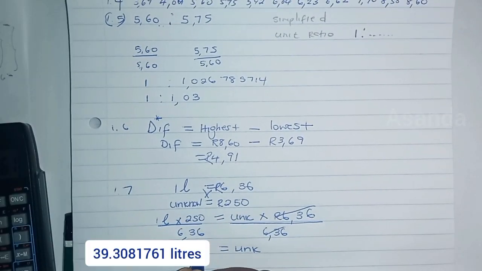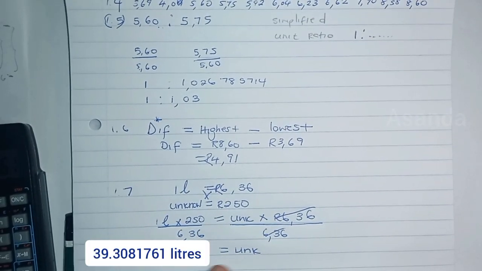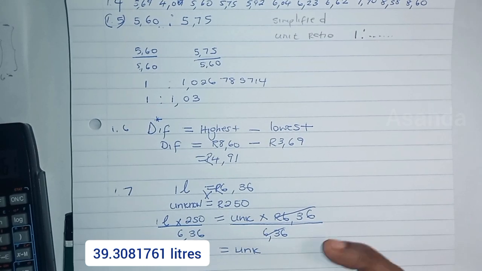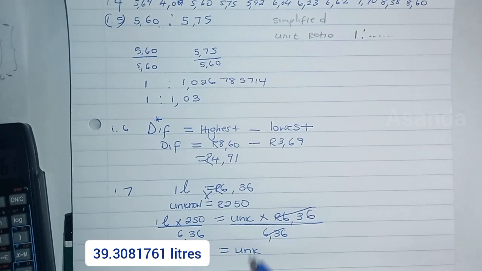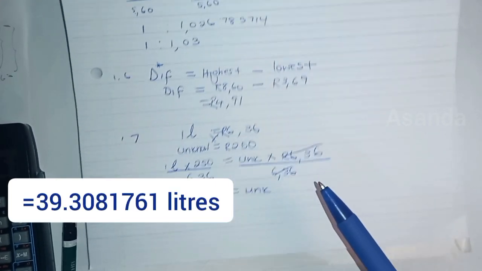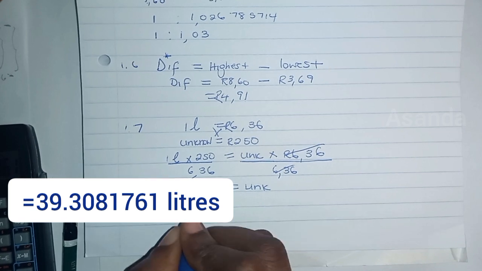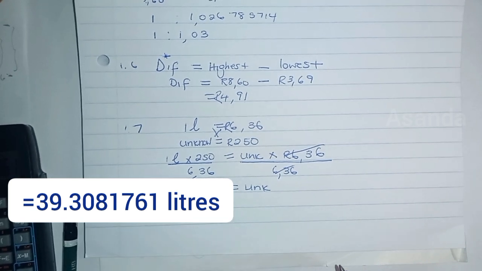is 61. So I'm just going to write the answer of the calculator first. Before we continue and rounding off, we're going to look at this calculation here. You don't have to do the cross multiplication. I do it just to make sure that I don't multiply when I'm supposed to divide. Okay, so let's round off to 2 decimal places.